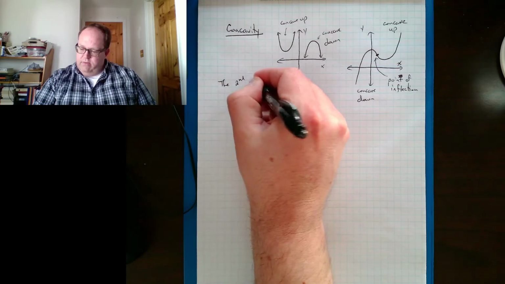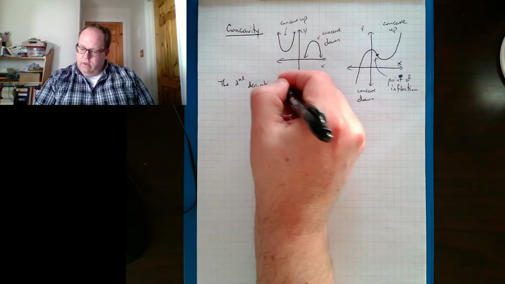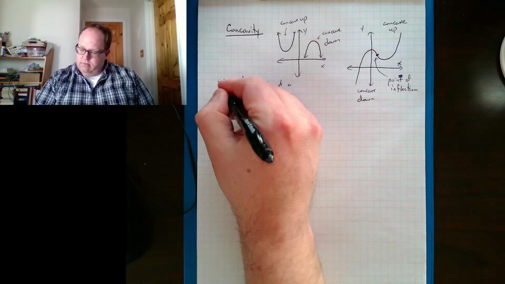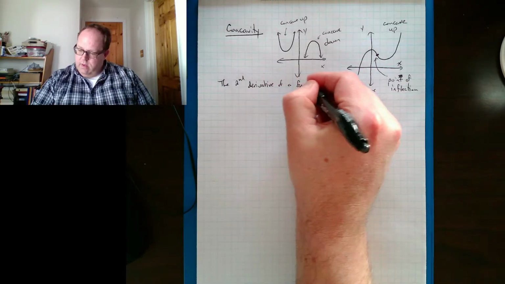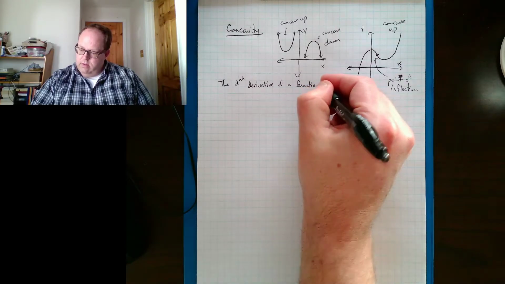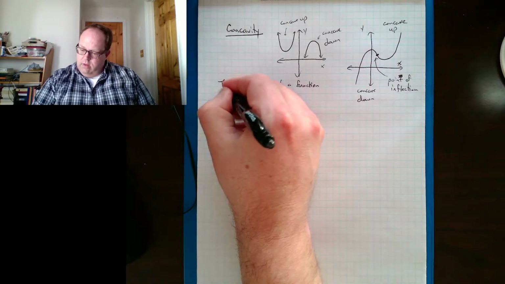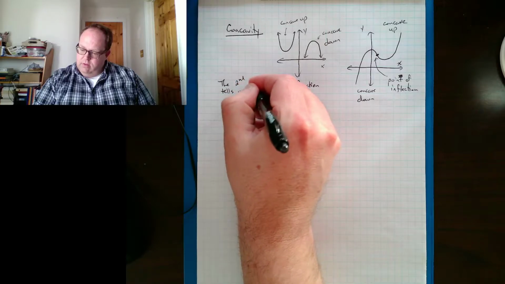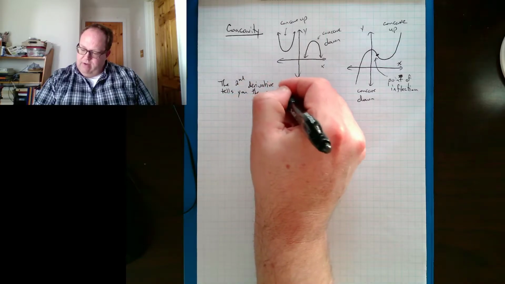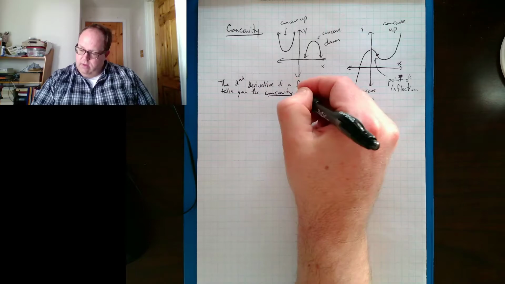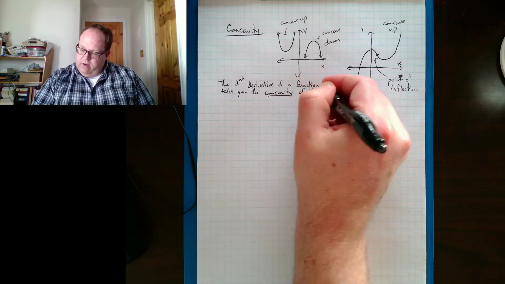The second derivative of a function tells you the concavity of the function at that point.